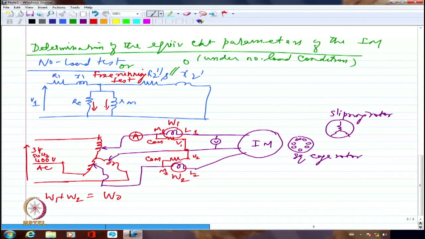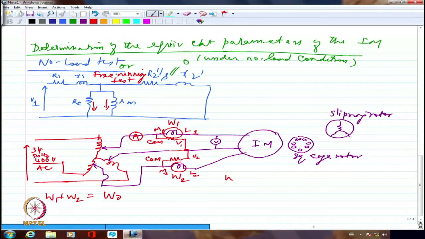So you will show W1 as plus 100 watts, W2 as minus 50 watts. Is that clear? This kicking back would normally happen in most induction motors, if it is a well-designed induction motor with very minimal requirement of magnetizing current. Right? So this is the no load test.